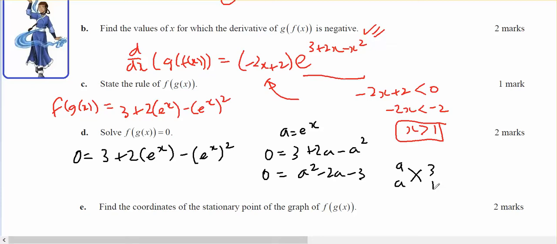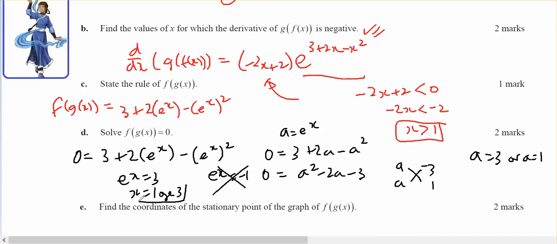A is 1, 3, 1, negative one and the 3. Therefore, a equals 3 or a equals negative 1, which means e to the x equals 3. So x equals log base e of 3. Or e to the x equals negative 1, and that's not possible. So that's where that equals 0.